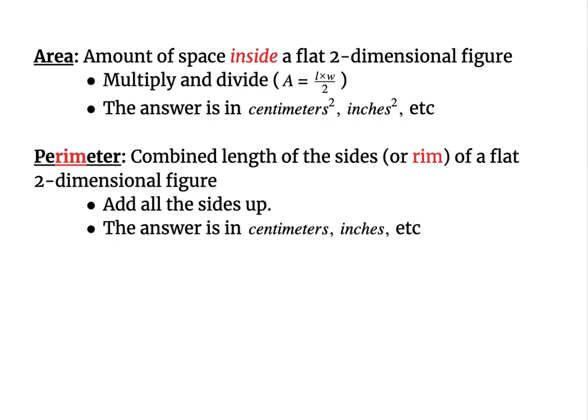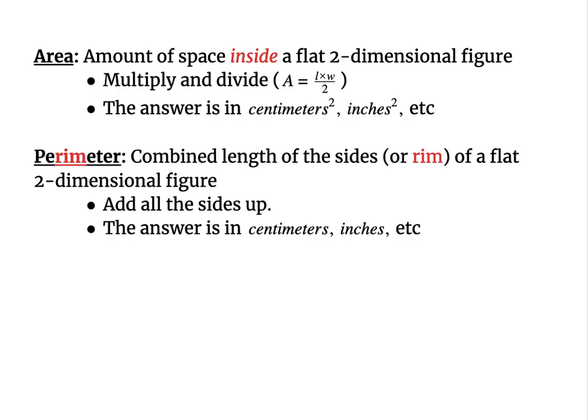For perimeter, it's the combined length of the sides or rim of a flat two-dimensional figure. The word rim is in perimeter as well, so that's the outside lengths. For that, you're going to add up all the sides. That answer is going to be in centimeters or inches, so no squared or anything like that.